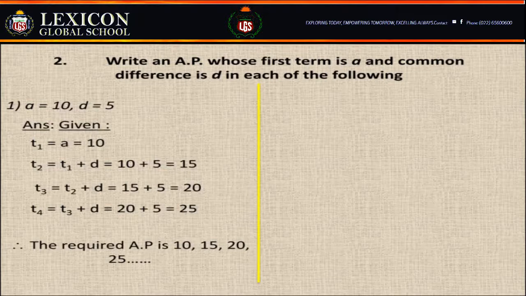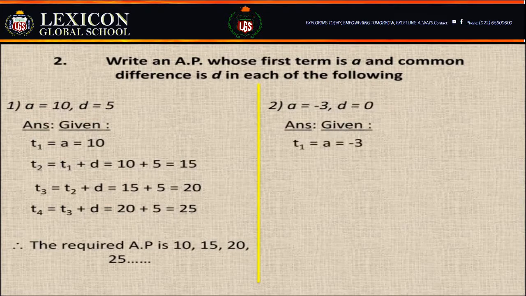Let us consider the second sum. Over here, the first term is minus 3, that is A, and the common difference is 0, D. So what is given to us? T1, means A, is given to you as minus 3. How are you going to find T2?